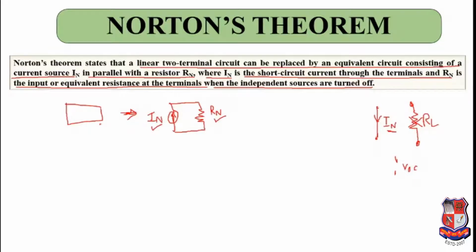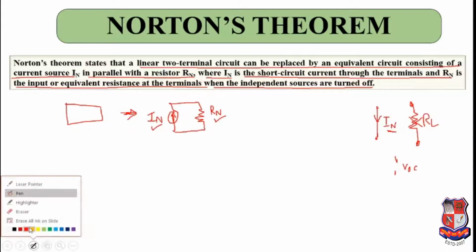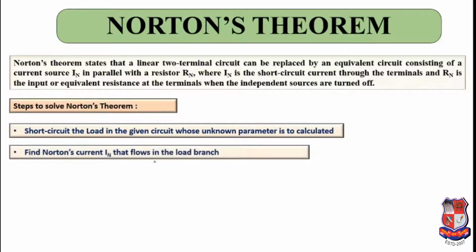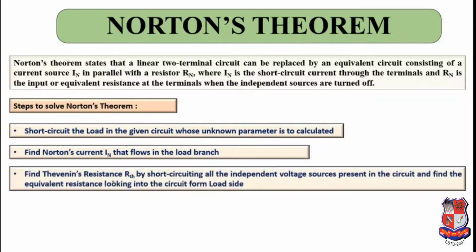So let us see the steps to solve using Norton's theorem. The steps will be: first, short circuit the load in the given circuit whose unknown parameter is to be calculated. Then find the Norton's current that flows in the load branch, and find the resistance RN by short circuiting all the independent voltage sources, or you can say open circuiting all the current sources present in the circuit, and find the equivalent resistance looking into the circuit from the load side.